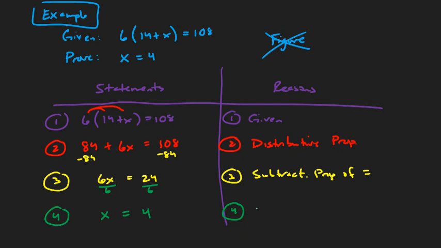And we did the division property of equality. Again, you can write the word out division if you want to. I'll just put div for division property of equality. Same thing up here for distributive property. I could have maybe put dist, maybe distributive. It's okay. As long as I know what you mean, we're all good.